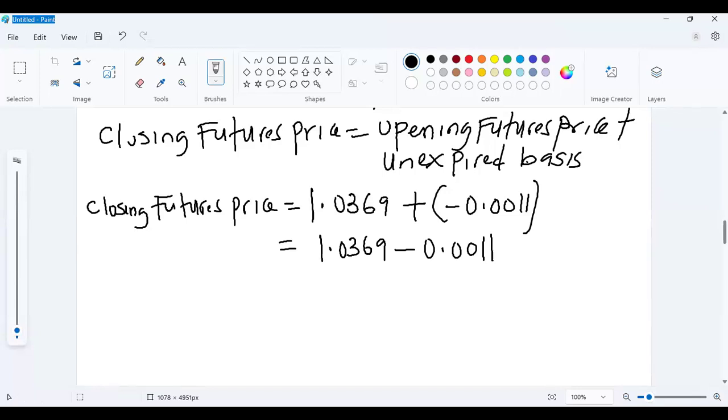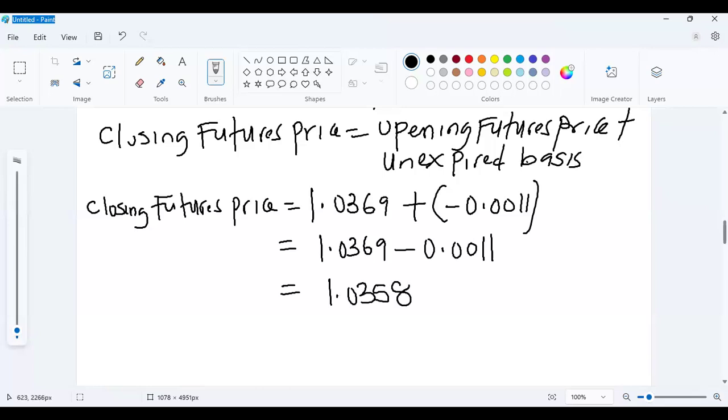If you work this out, what do you have, please? $1.0358.